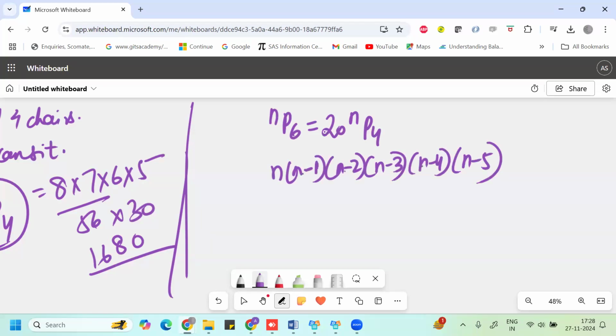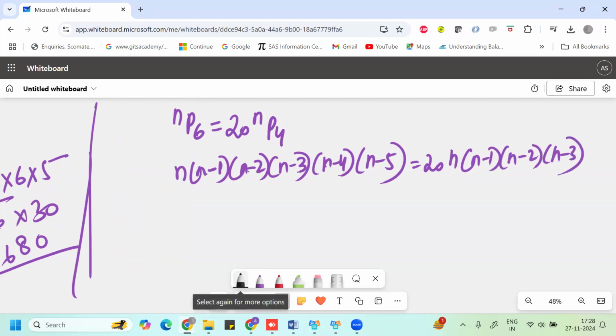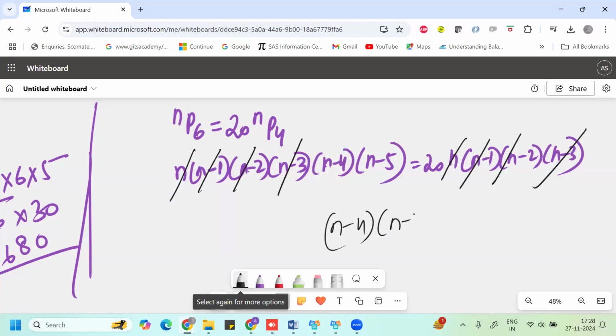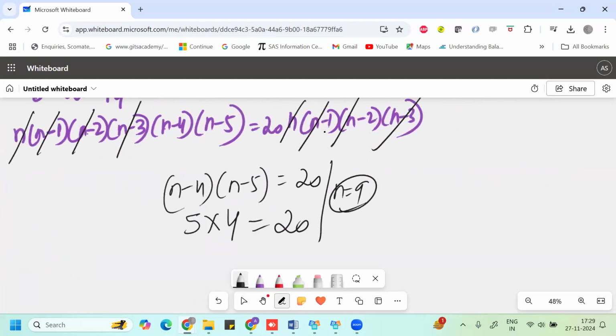This equals 20 times n into n minus 1 into n minus 2 into n minus 3, which is nP4. Cancelling, n minus 4 into n minus 5 is equal to 20. Either use the quadratic equation or use your maths. 5 into 4 is 20. So that is possible if n is 9.